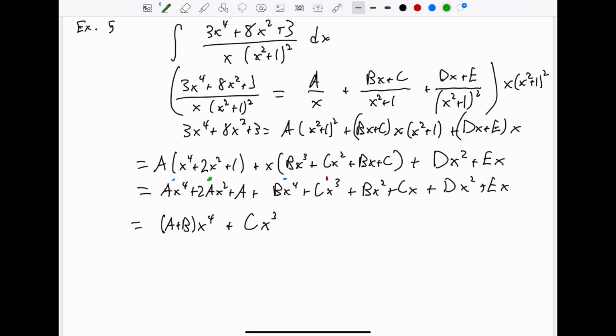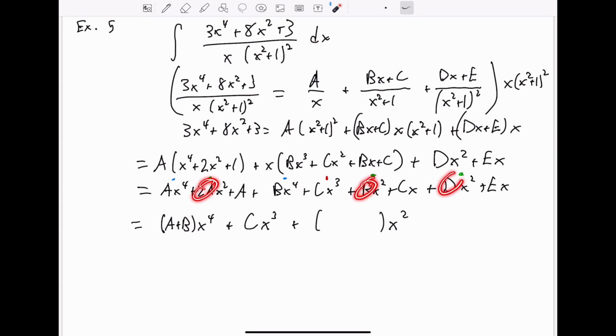I see 2Ax squared, Bx squared, Dx squared. So I have 2A plus B plus D in these parentheses.